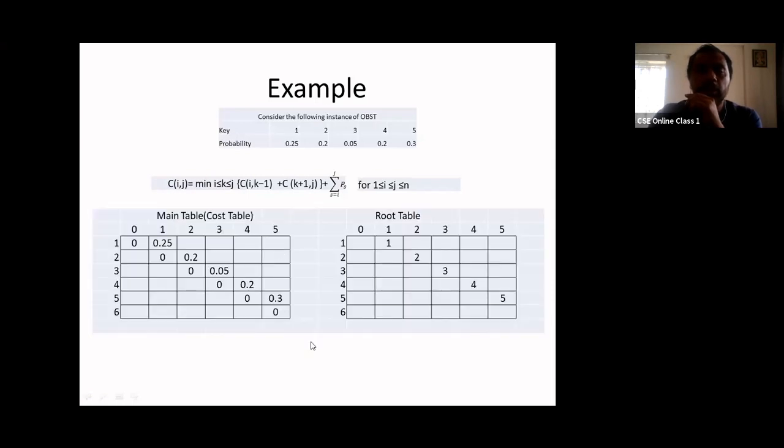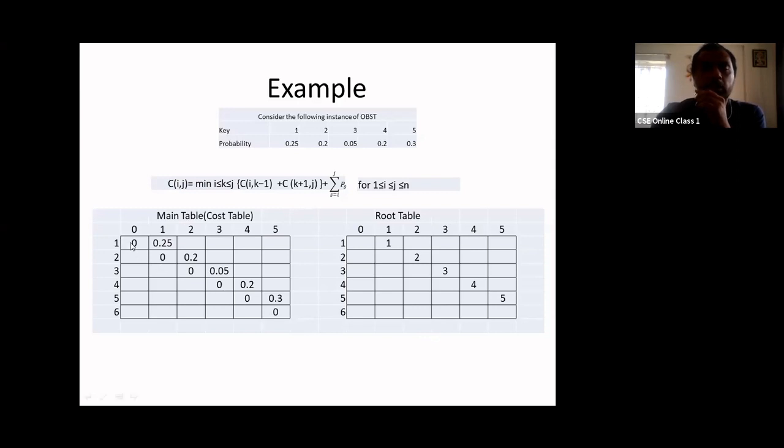And we construct two tables here. One is the cost table and the other one is the root table. The cost table will give us the optimal value at the end, and the root table will give us the way we can construct the optimal binary search tree.